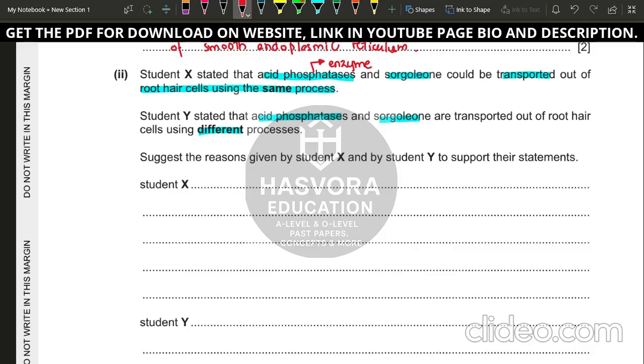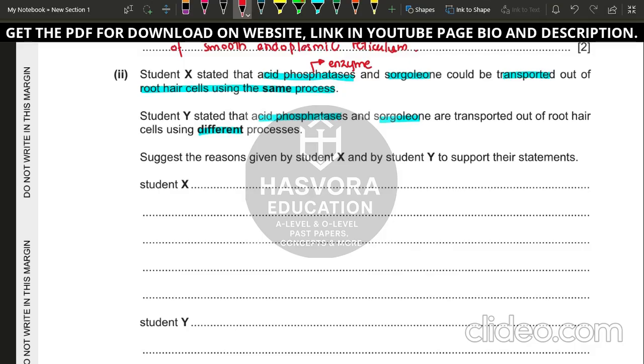Okay, so first of all, for supporting the verdict of student X, we can say that both of the molecules are large and they are being transported in large quantities, so that is why they will be transported using bulk transport.